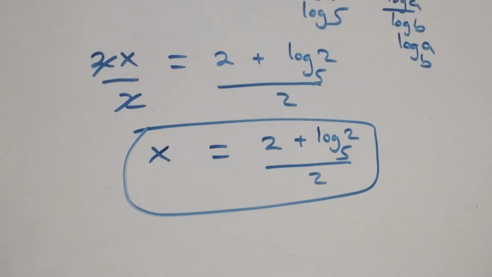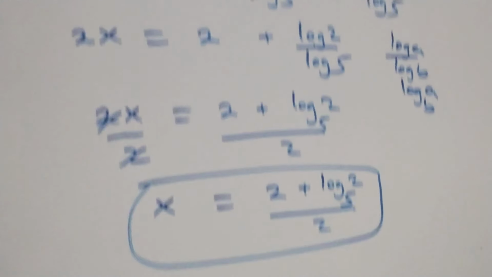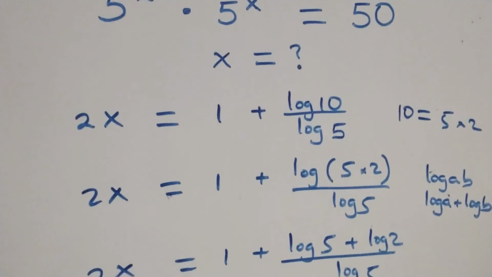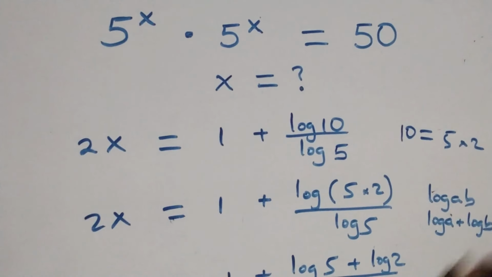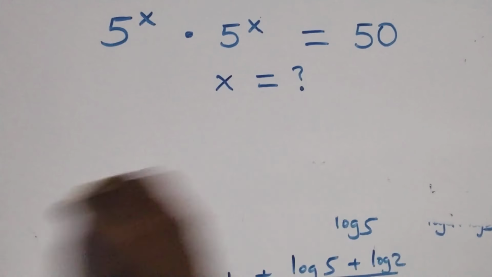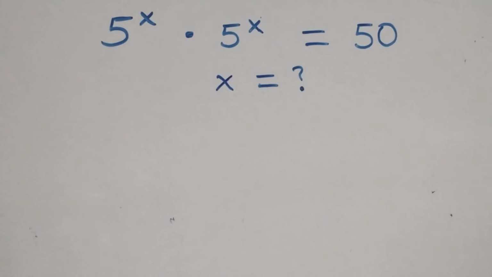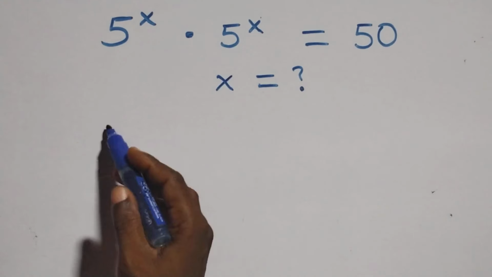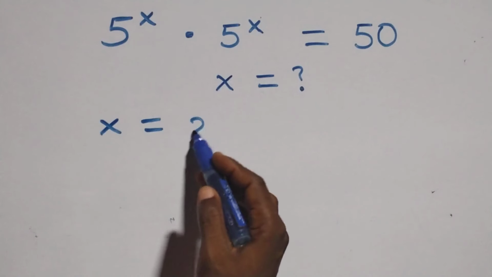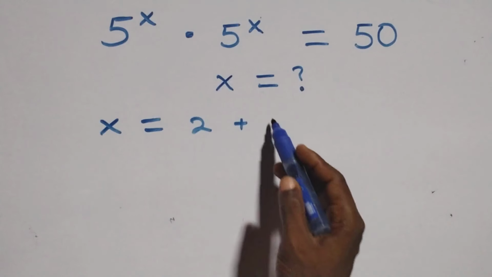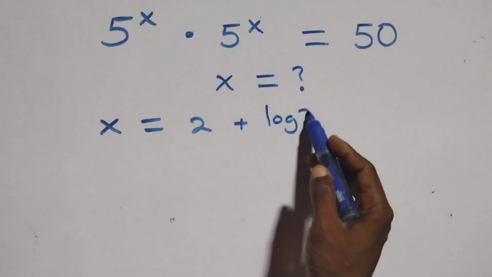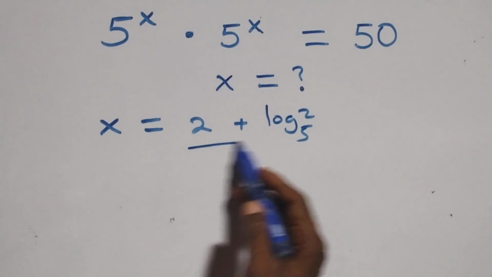Then let's check if this satisfies this given problem. We will substitute the value of x here, which is x equals 2 plus log 2 base 5 all over 2.